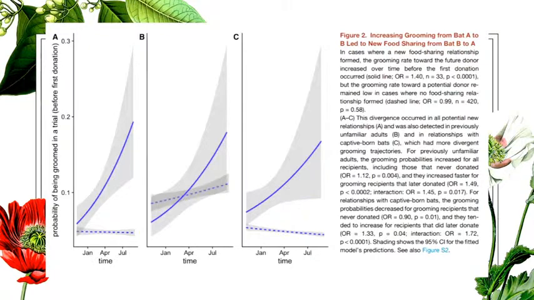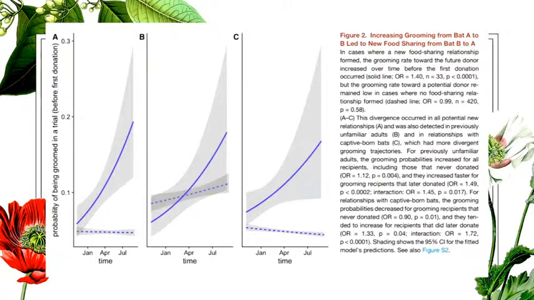So probability of being groomed in a trial before the first food donation. These are 3 different trials. Basically, they're looking at 3 different groups of bats. No food sharing relationship formed in the dashed lines, and a food sharing relationship did form in the blue lines. So they're showing the growing rate. I assume that gray area is the error, which could either be standard error of the mean, standard deviation, something like that.